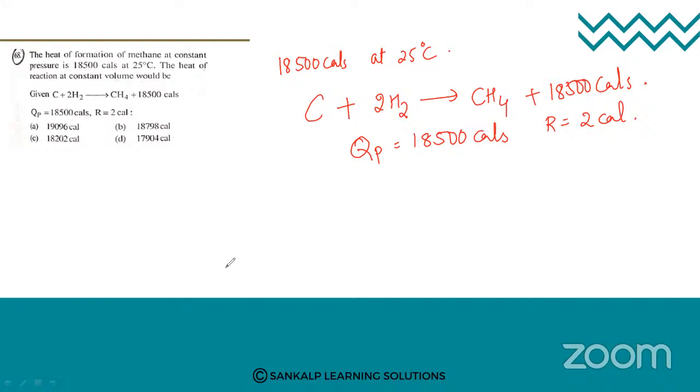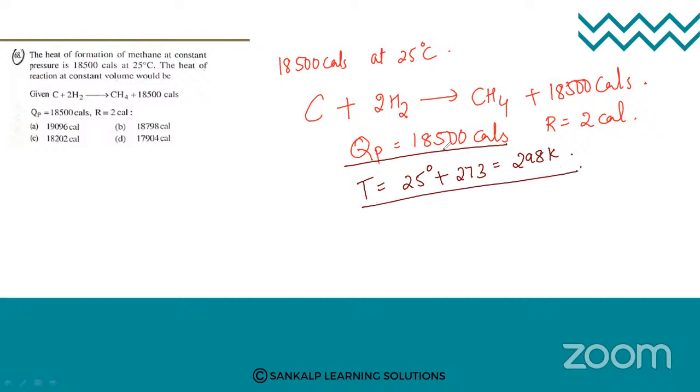So what all is given? QP is given, that is 18,500 calories. Temperature is given, 25 degrees Celsius. When you convert it into Kelvin, 273 plus 25 will be 298 Kelvin. So this is your temperature. Then R is given as 2 calories.